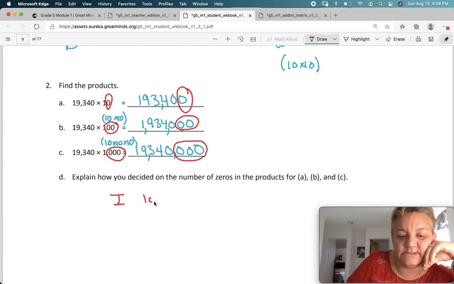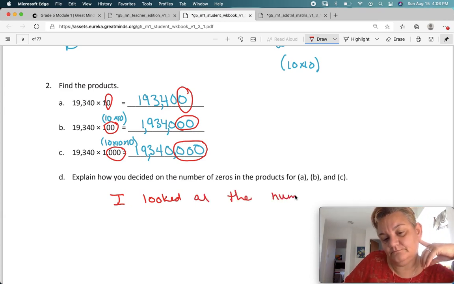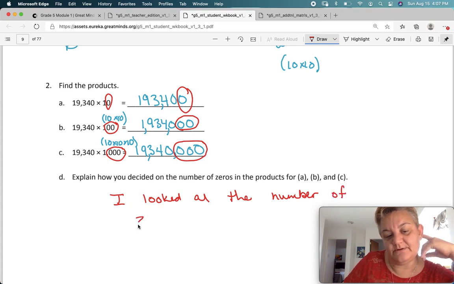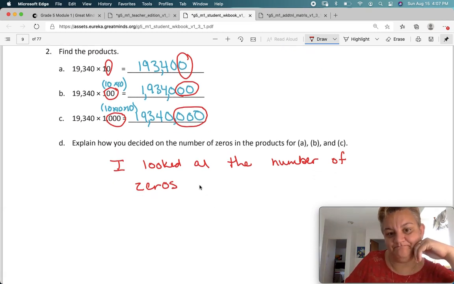So I looked at the number of zeros in the, what do we call that?